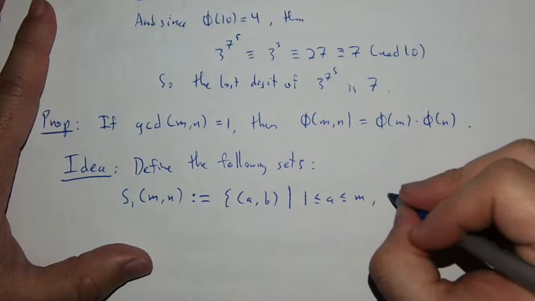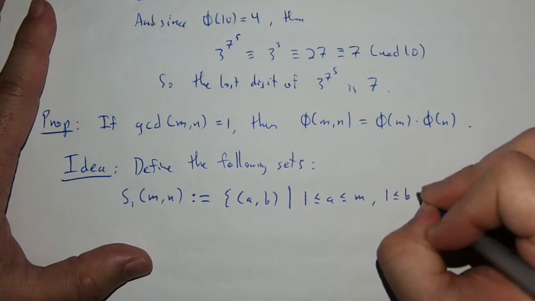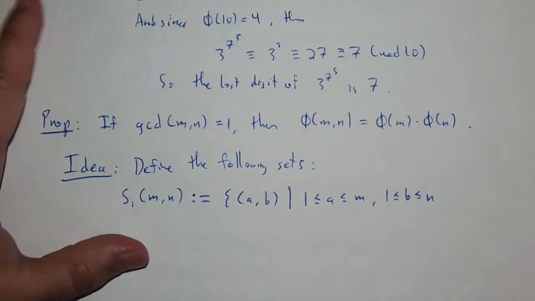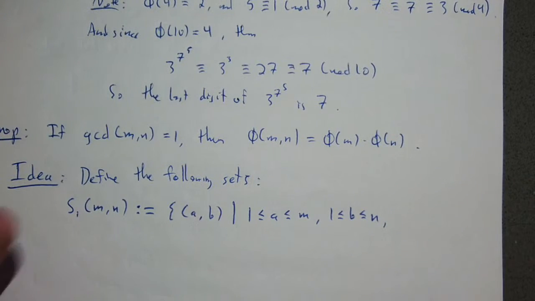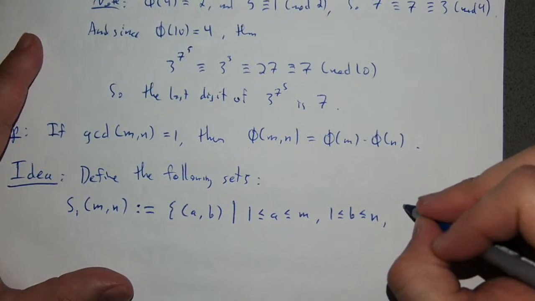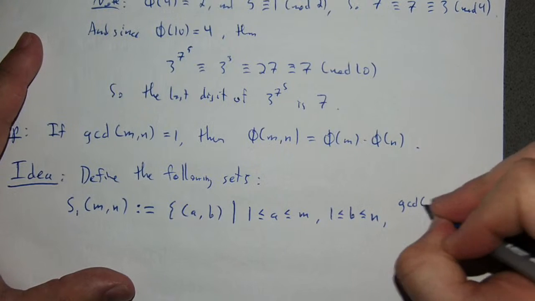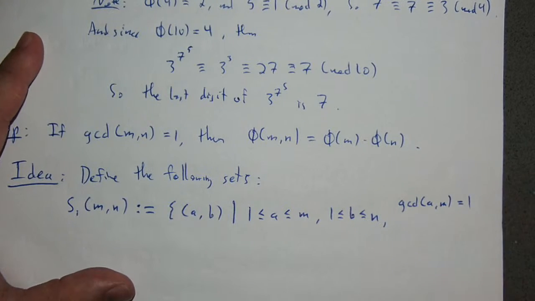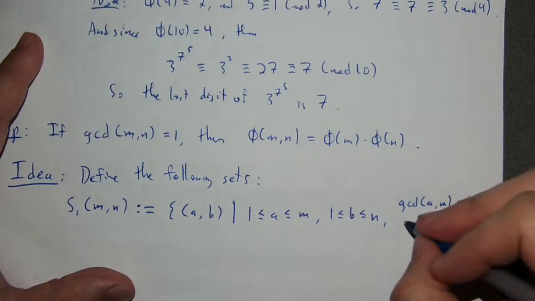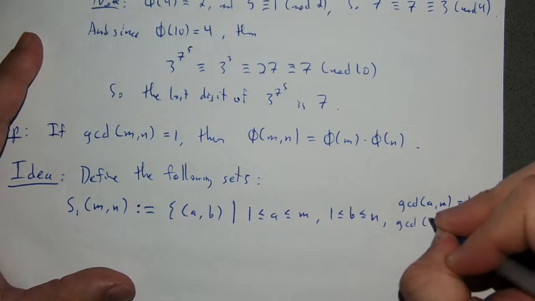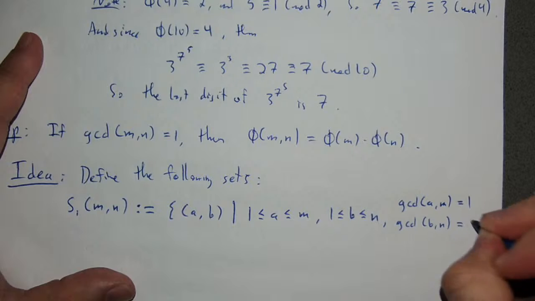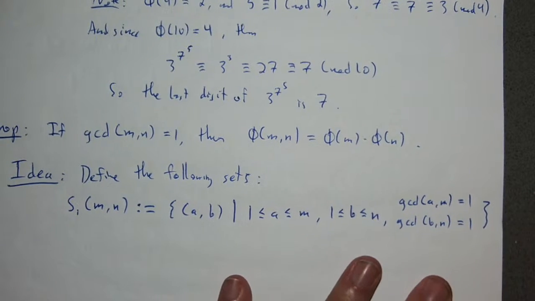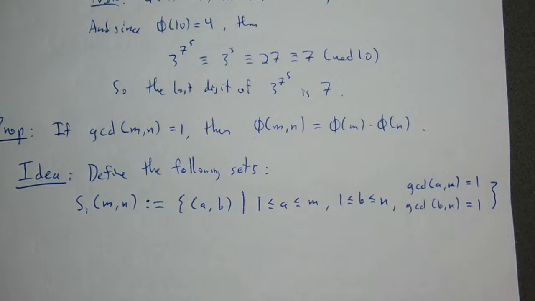The second slot in the pair is between 1 and n. And the GCD of a and m is 1. And the GCD of b and n is 1. So that's my first set.